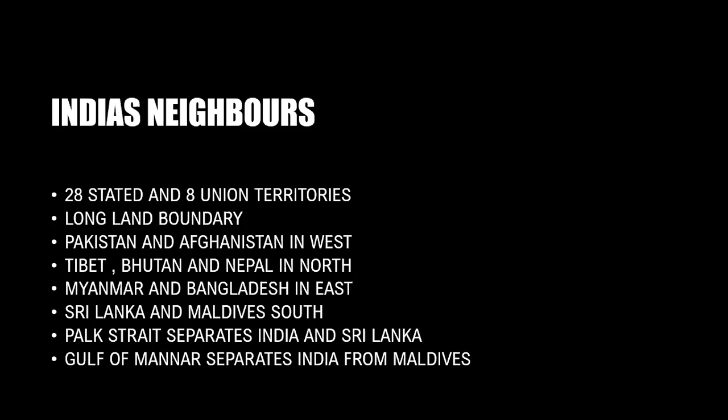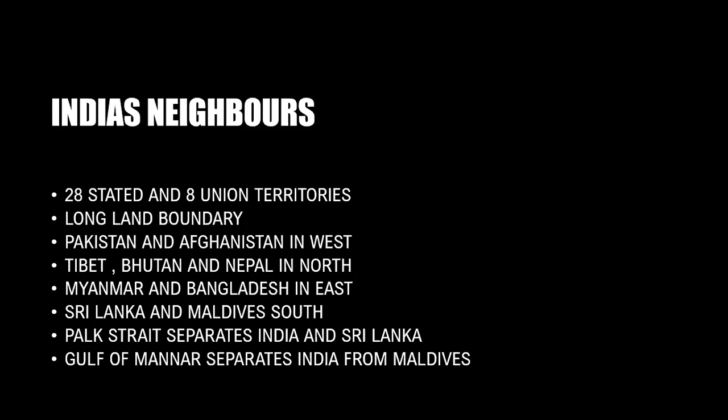The Tropic of Cancer divides India into 2 equal parts. India is located in the south central part of the continent of Asia, bordering the Indian Ocean and its 2 arms extending in the forms of the Bay of Bengal and the Arabian Sea.